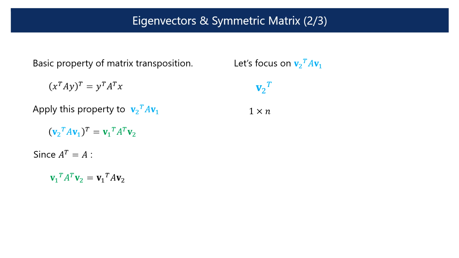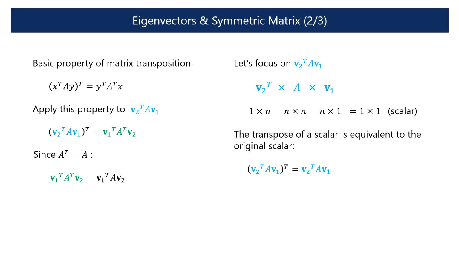Vector v2 is an n by 1 column vector, so its transpose is a 1 by n vector. The matrix A is an n by n matrix, and v1 is an n by 1 vector. Multiplying these vectors and a matrix results in a scalar.